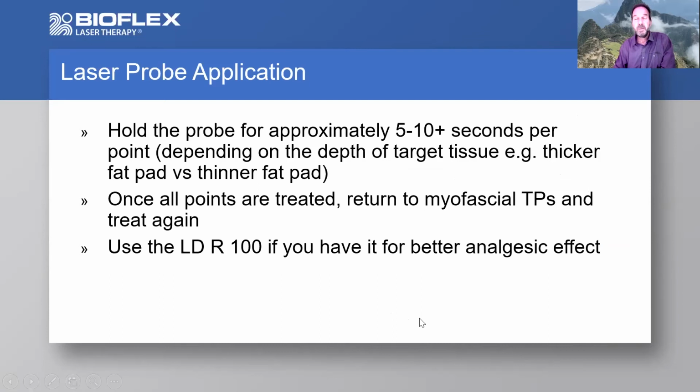Our standard probe is infrared, but we also have another probe that's red. Red light doesn't penetrate deeply, and so you may wonder why you would even want to use it for this condition. It tends to be really good to reduce pain, to unblock nociceptor pain fiber transmission.